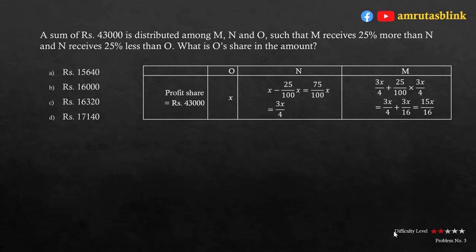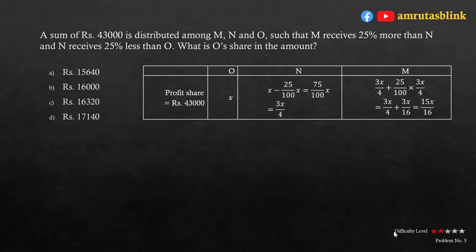Now, it is given that M receives 25% more than N, and at the same time N receives 25% less than O. So, we will assume that O's share in the profit is X. Now, N receives 25% less than O. So, if O is going to receive 100 rupees, then N will receive 75 rupees.